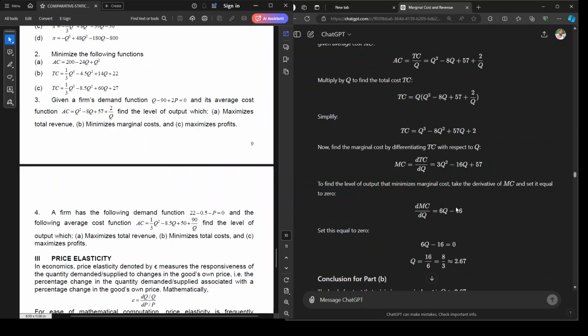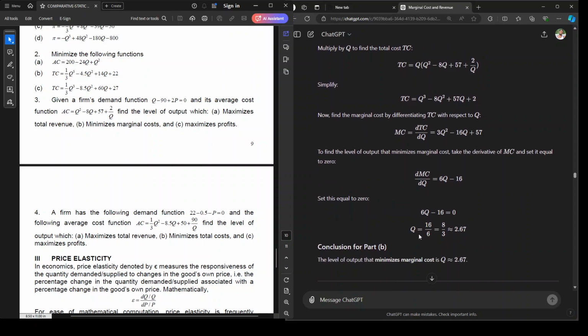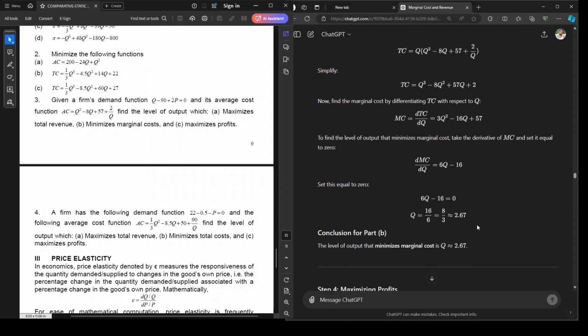Differentiate again. When you differentiate again, the second derivative, this becomes minus 16. This is 6. Equate it to 0. So this part is this Q, which gives us the maximum quantity of marginal cost.